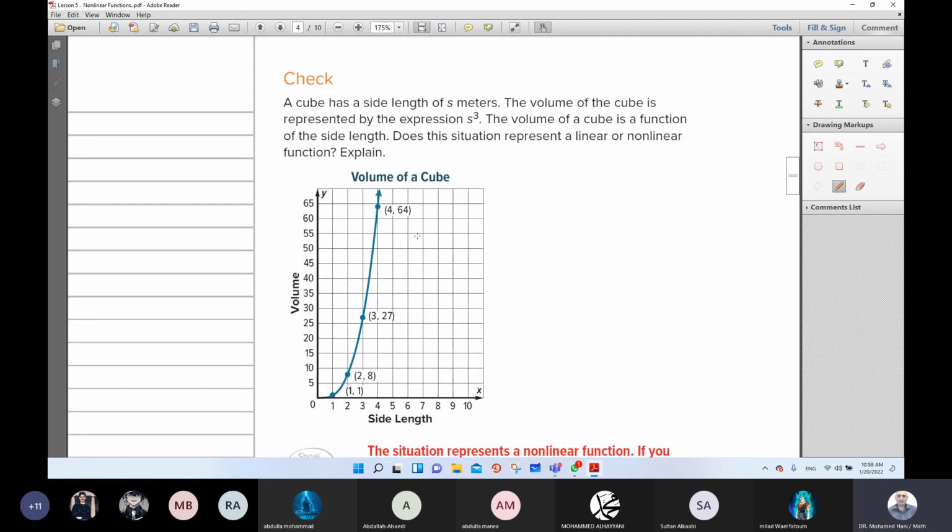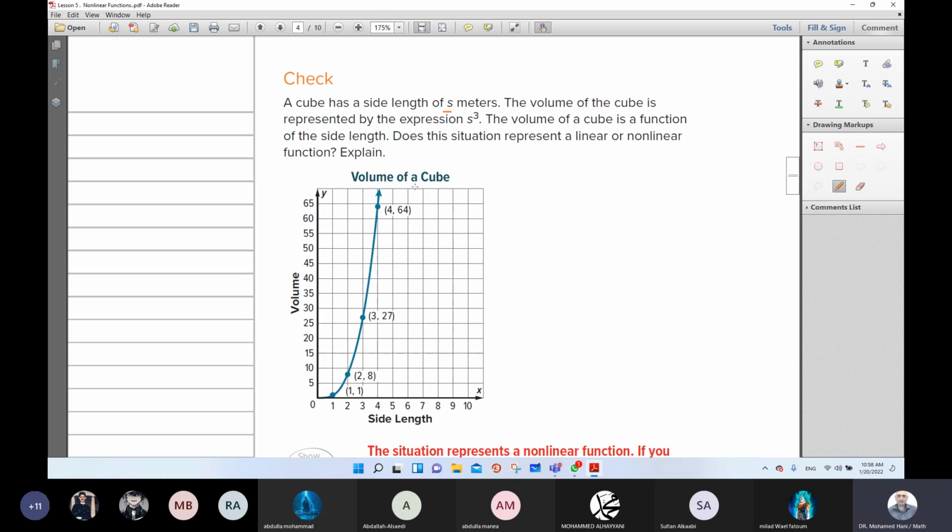In this example, a cube has a side length of s meters. The volume of the cube is represented by the expression s cubed. The volume of a cube is a function of the side length. Does the situation represent a linear or non-linear function?